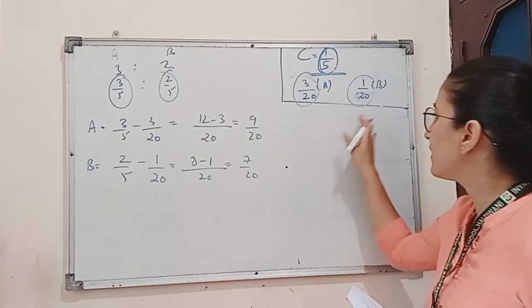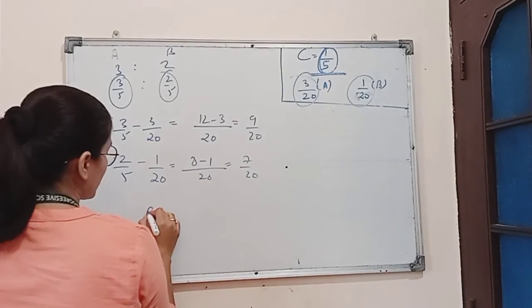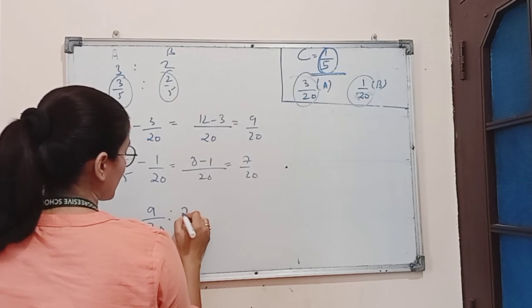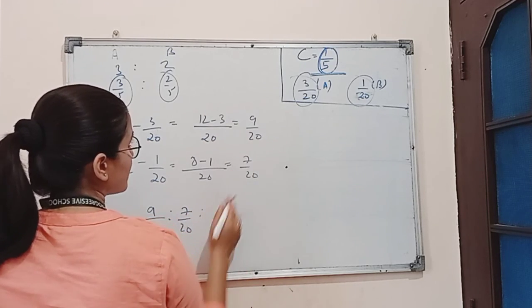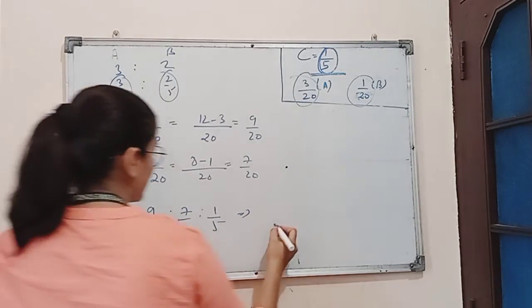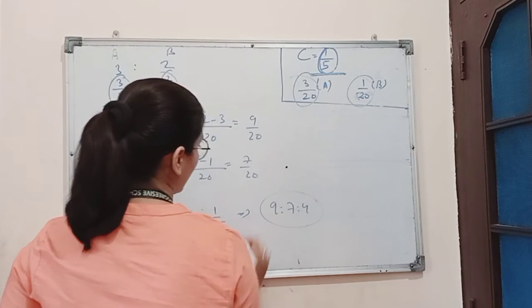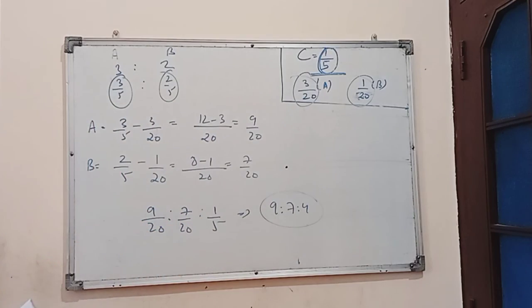This is the remaining share of B. So by this we can easily calculate the new profit sharing ratio among A and B. A's share is 9/20, B's share is 7/20 and C's share is 1/5. So here LCM is 20, 9:7:4. This will be the new profit sharing ratio among the partners.